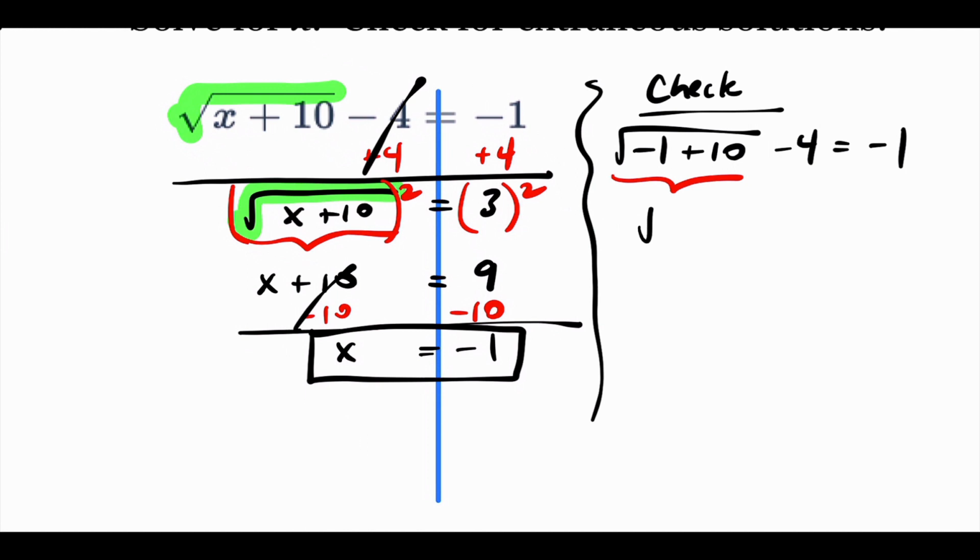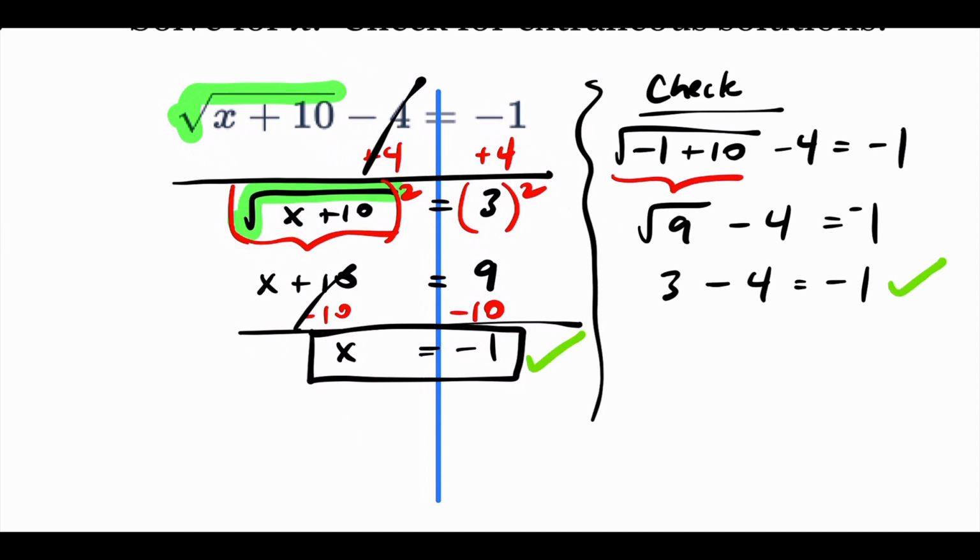So I get the square root of 9 minus 4 equals -1. Then I do the square root. The square root is 3. Is 3 minus 4 equal to -1? Is that a true statement? Yes, it is.